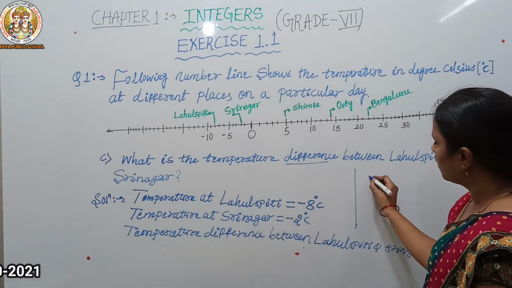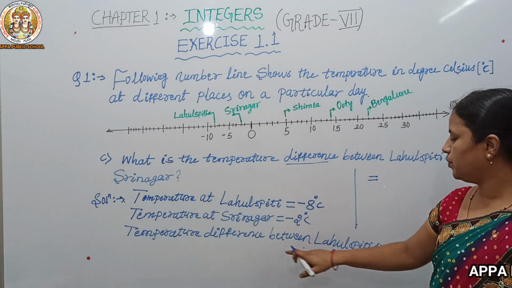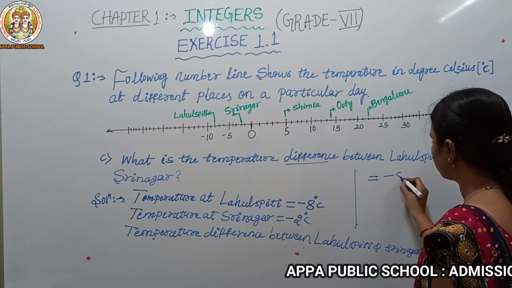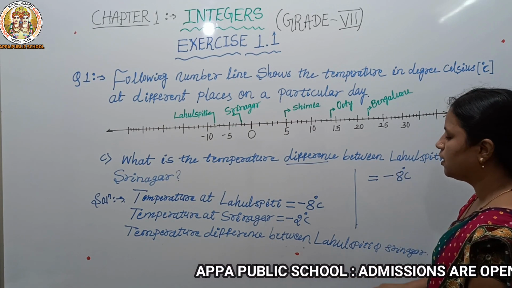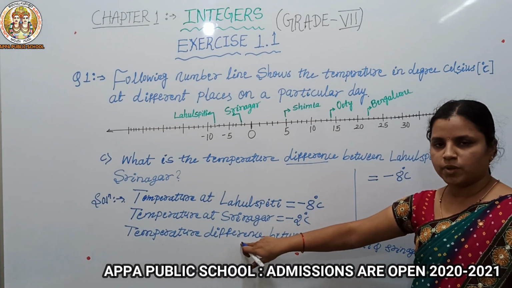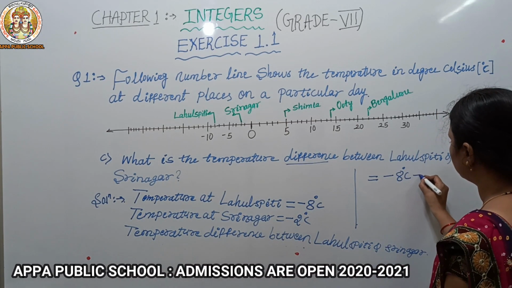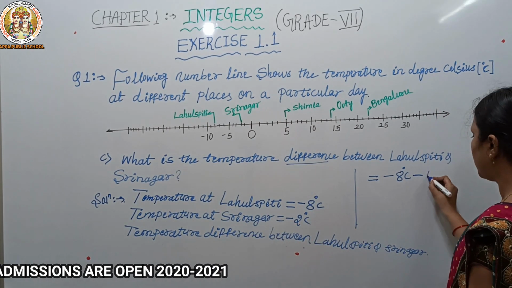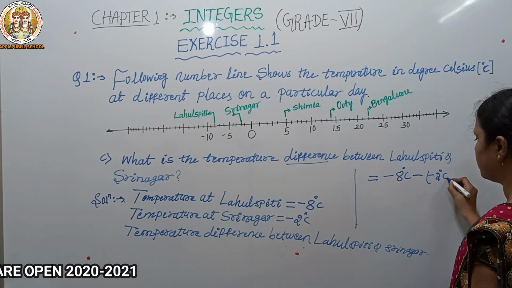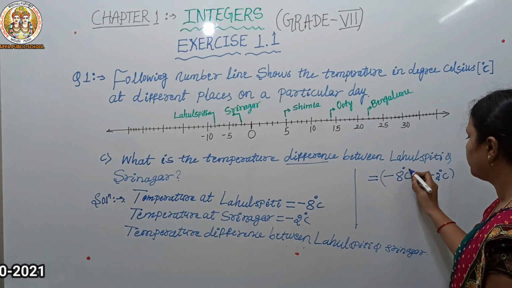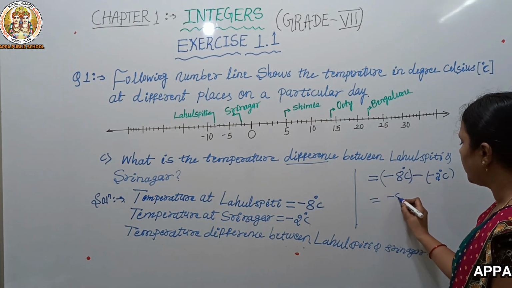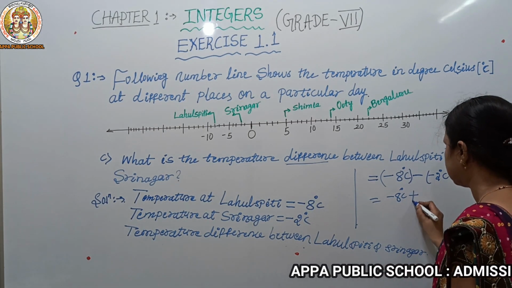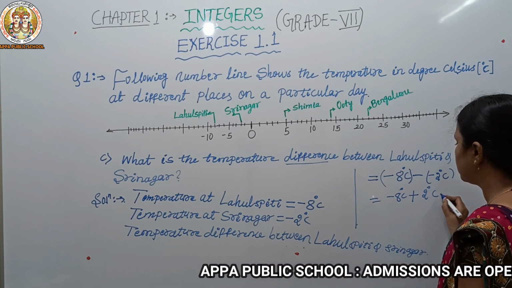See, the temperature at Lahaul Spiti is minus 8 degrees Celsius. Okay, as I said, difference means you should take the minus sign. And Srinagar is minus 2 degrees Celsius. Please use the bracket here. Now, minus 8 degrees Celsius, minus into minus becomes plus 2 degrees Celsius.